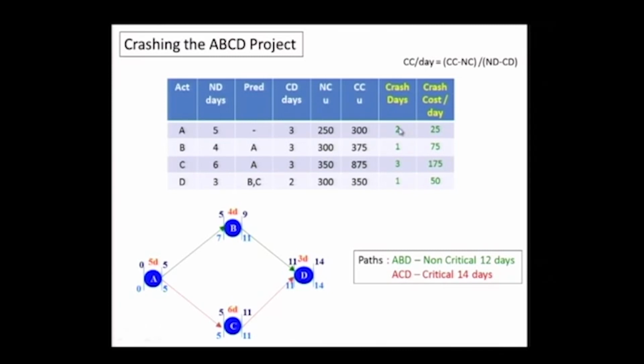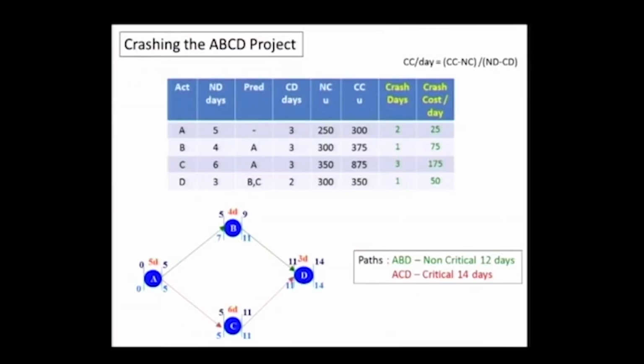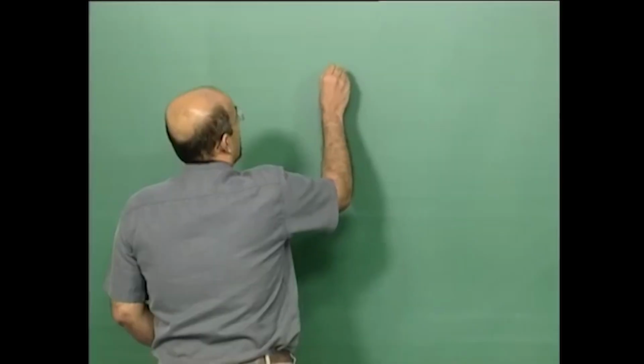For example, we are making an assumption that A cannot be done in less than 3 days, so the maximum I can crash A is 2 days, and C cannot be done in less than 3 days. These are assumptions that go along with the network. Let us get to the board and see how we would work this.